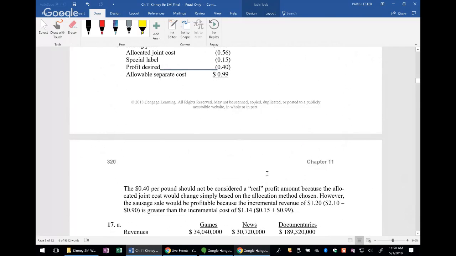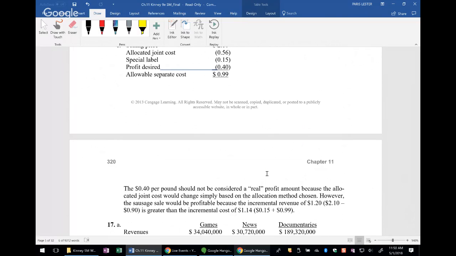All right, and Olivia said 17. Okay, 17, more of the same. Almost the same. What amount of joint cost is allocated to each operating group using the net realized value approach?